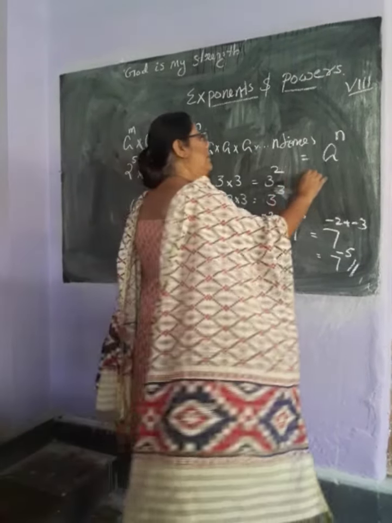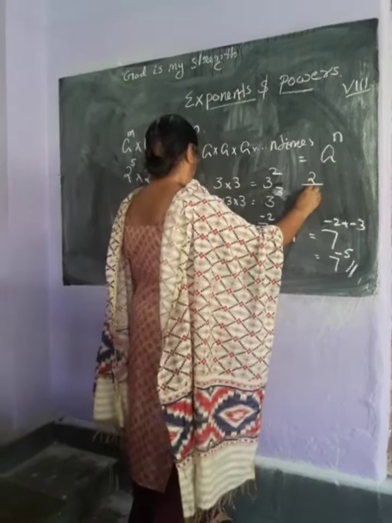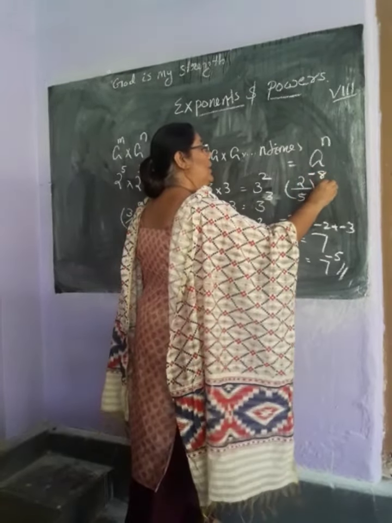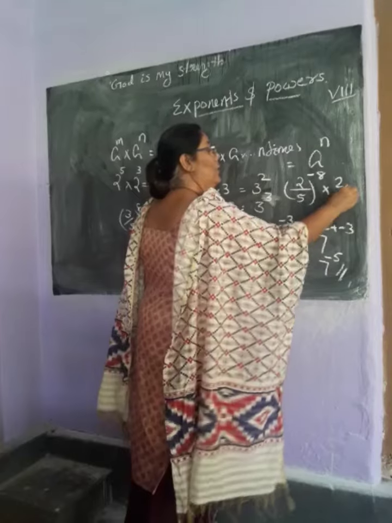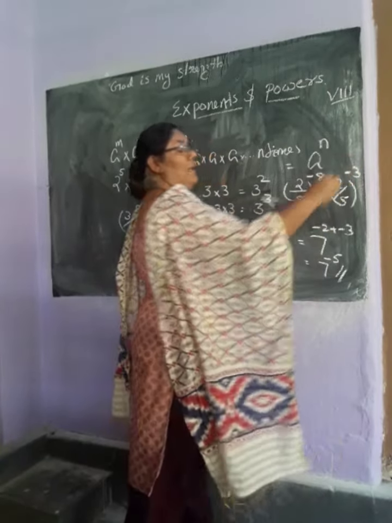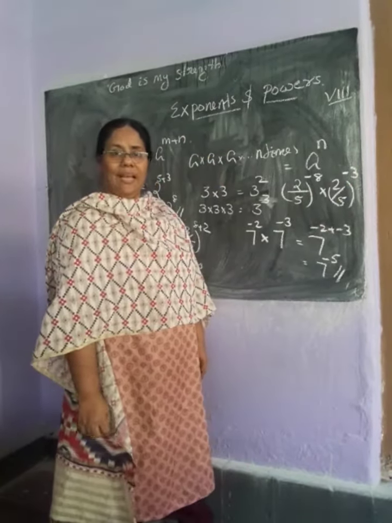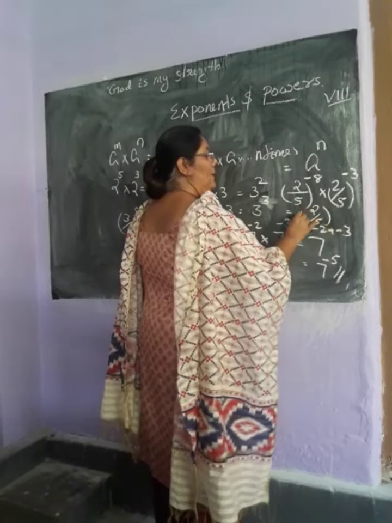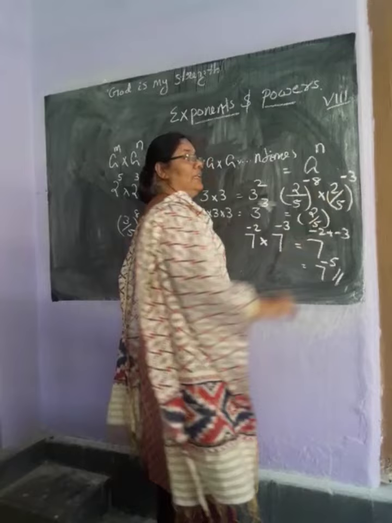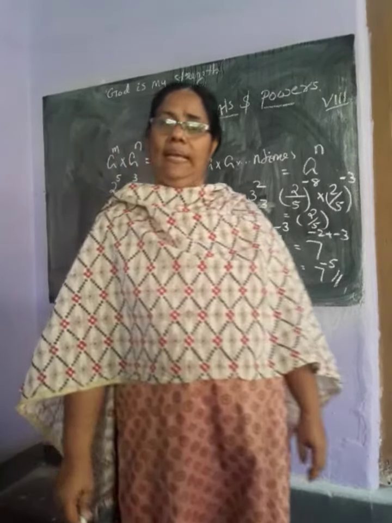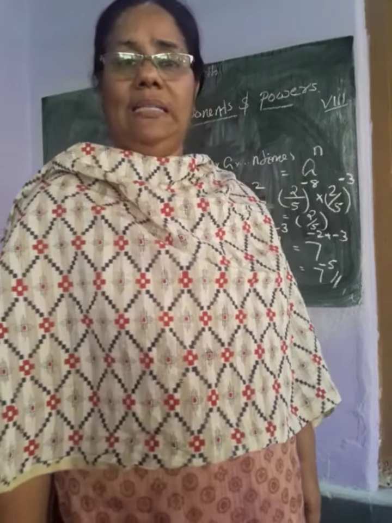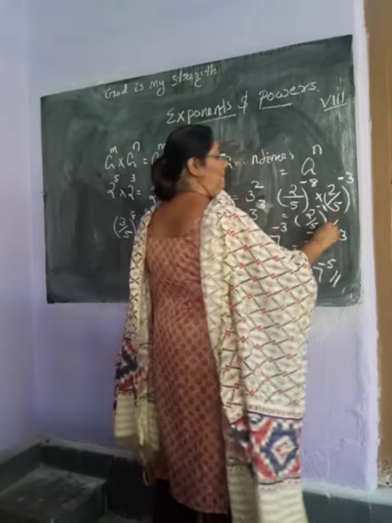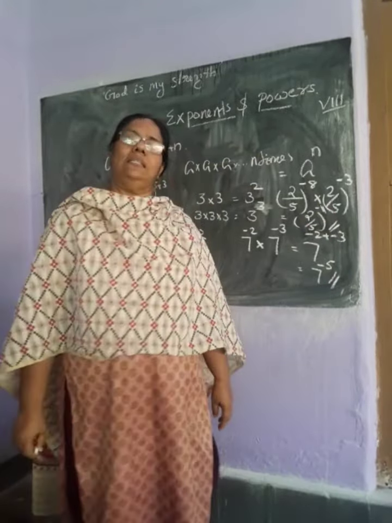Another example, 2 by 5 the whole raised to minus 8 into 2 by 5 the whole raised to minus 3. The base is 2 by 5, then minus 8 plus minus 3. Both the numbers are negative, so add: minus 8 plus minus 3 is minus 11. Understand?